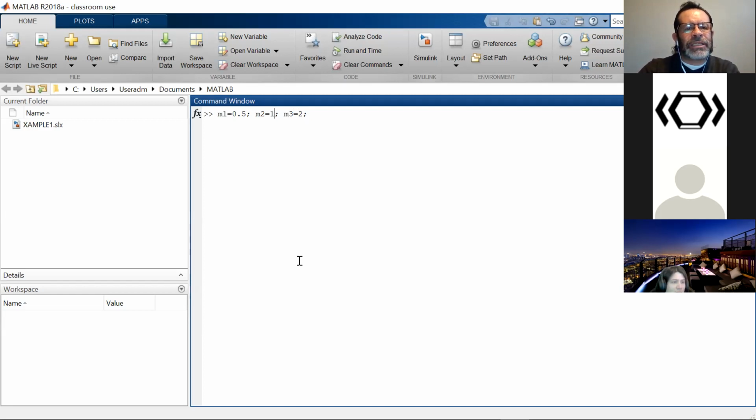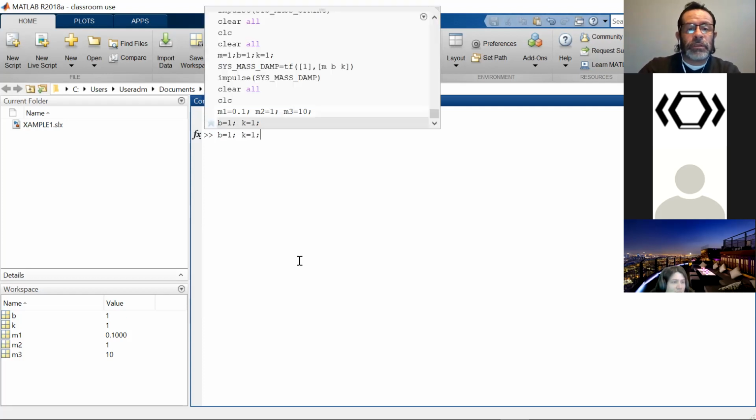I'm going to be even more exaggerated because maybe we're not going to be able to see the difference. I'm going to say that mass 1 is 0.1, mass 2 is 1, and mass 3 is 10. Okay? I'm going to leave B and K exactly the same. B is going to be equal to 1, and K is going to be equal to 1. And I'm going to define 3 systems.